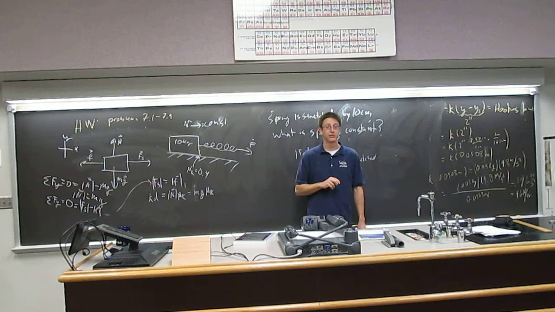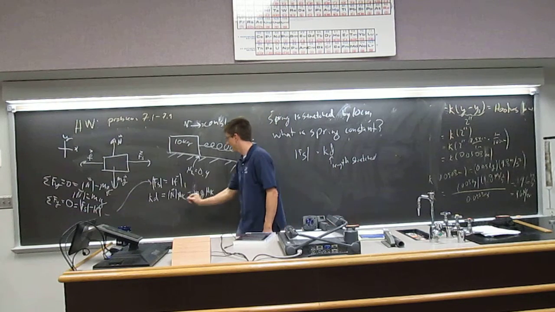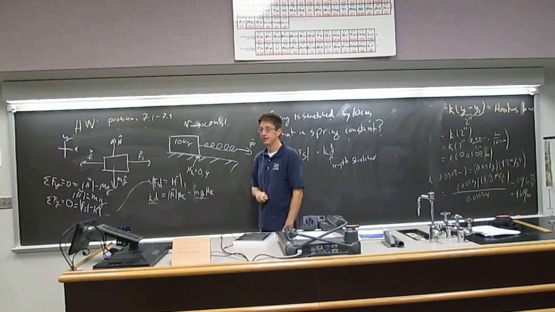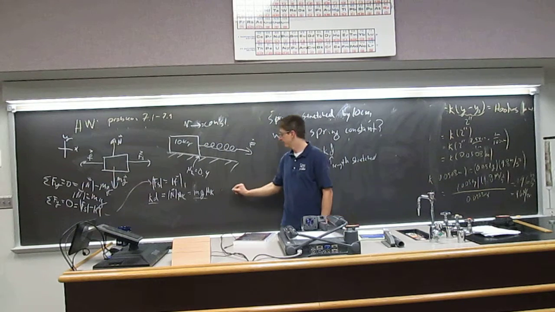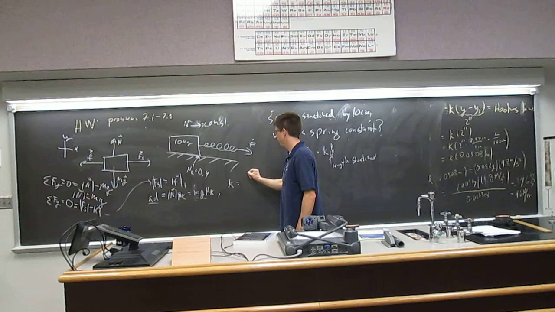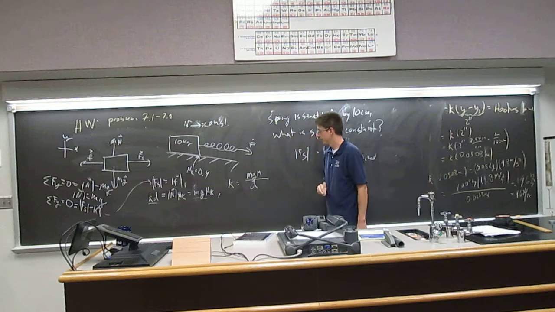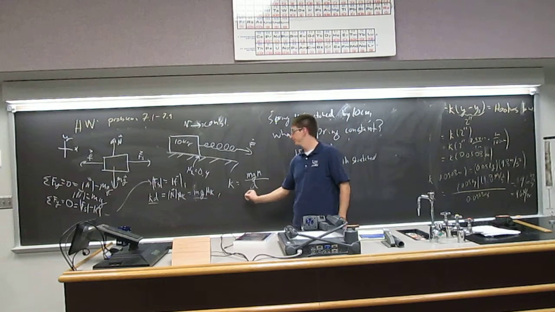All right, so if I want to solve for k, what should I do? I have this equal to that. Divide by d. So k is equal to mg mu over d. Then I plug in numbers.